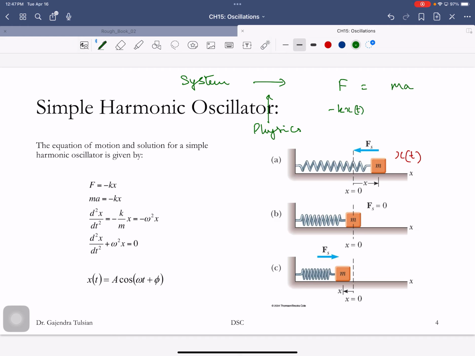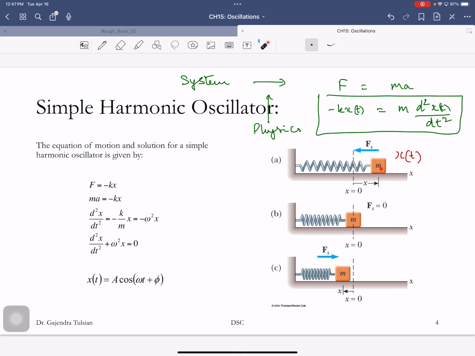Wherever that object is, that's the force on it. And its acceleration is the second derivative of position with respect to time. So what do we have? What is this equation? No matter what this guy does, his position as a function of time must satisfy this differential equation.